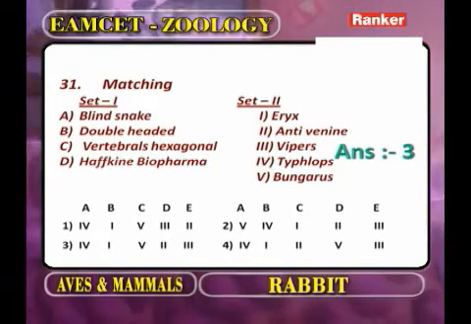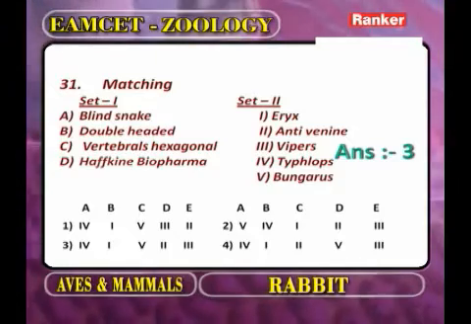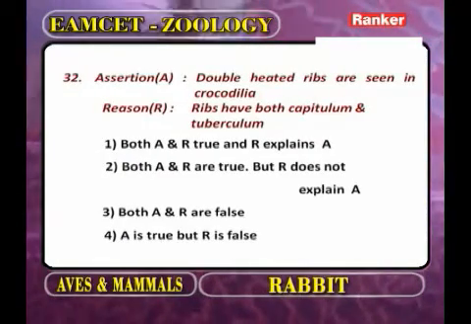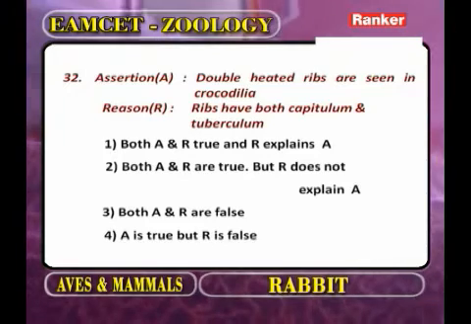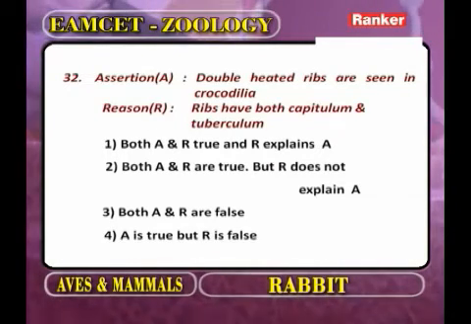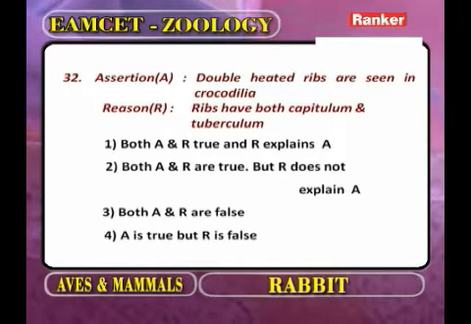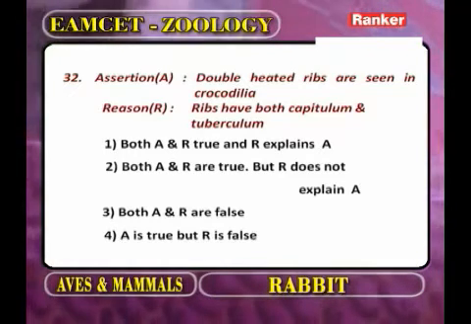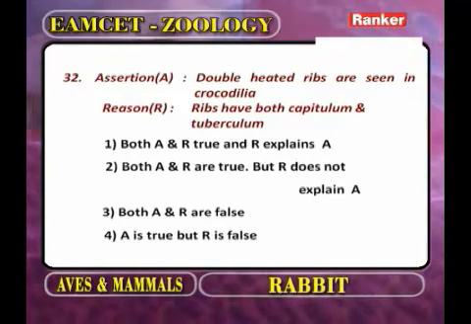Assertion. Double-headed ribs are seen in Crocodilia. You have to observe the question. Now as we observe the reptiles, in the reptiles one option is the crocodiles. In the crocodiles, as we observe the ribs, the rib has two heads.